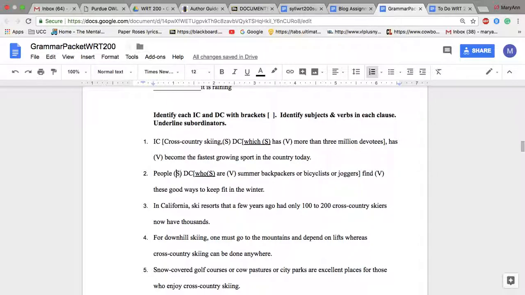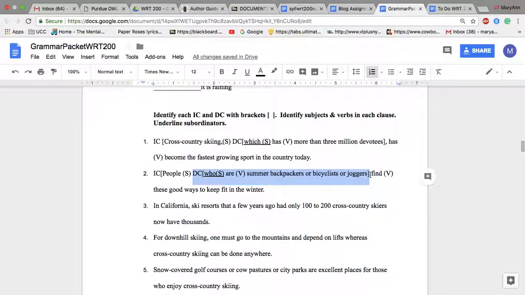And that's our IC. So let's mark that with a bracket and as our IC. So our IC is people find these good ways to keep fit in the winter. And our DC is who are summer backpackers or bicyclists or joggers.